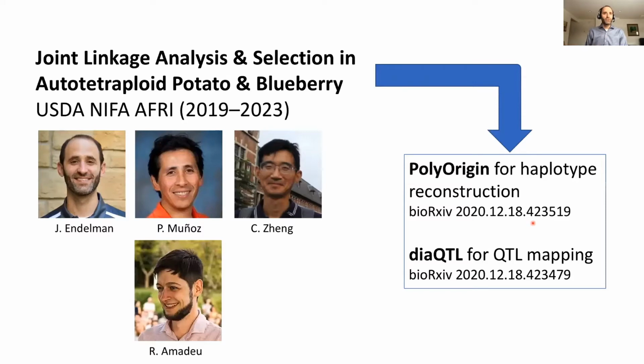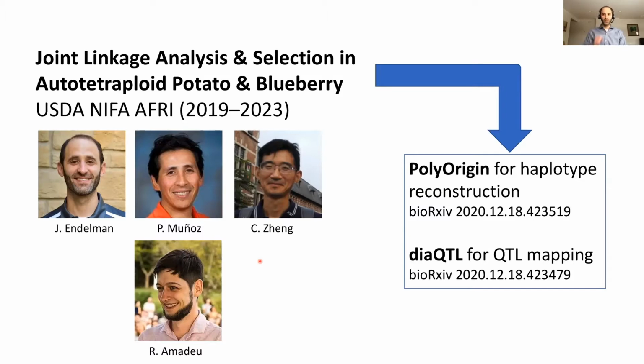So in addition to Chaoji, we recruited Patricio Munoz, who's another expert on quantitative genetics in autotetraploids and leads the blueberry breeding program at the University of Florida, and his PhD student, Rodrigo Amadeu.